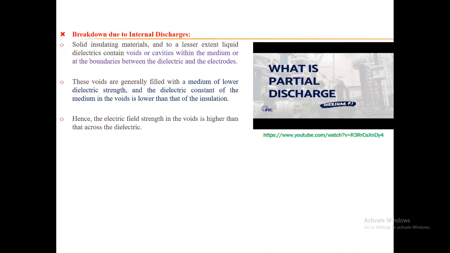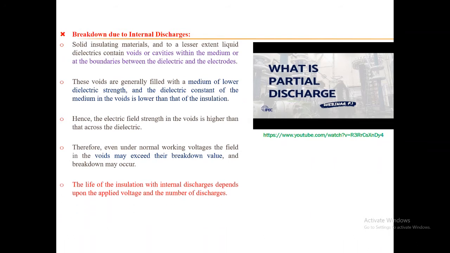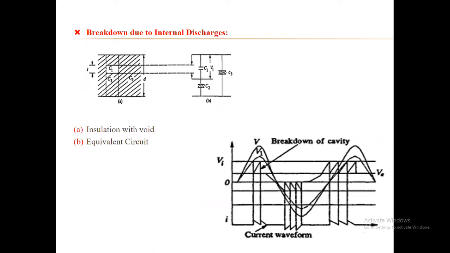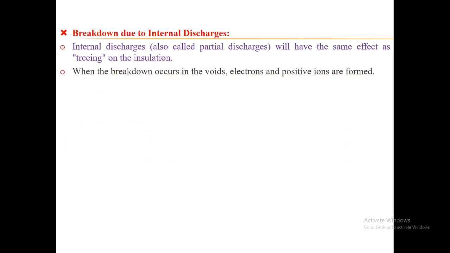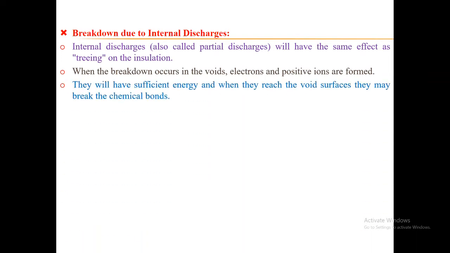In the next step, I discussed how these internal discharge activities will lead to the complete failure of the insulation. It has an effect like a train, where three modes of operation can be observed. One is mechanical deformation, second is thermal, and third is chemical deterioration.